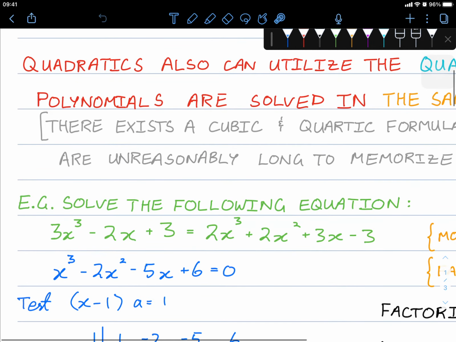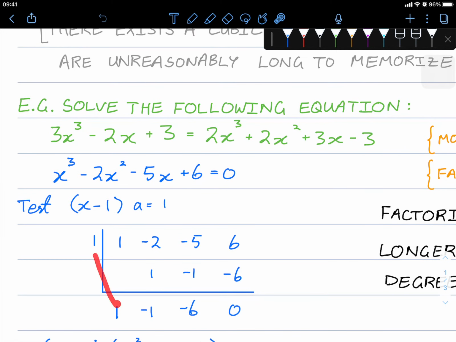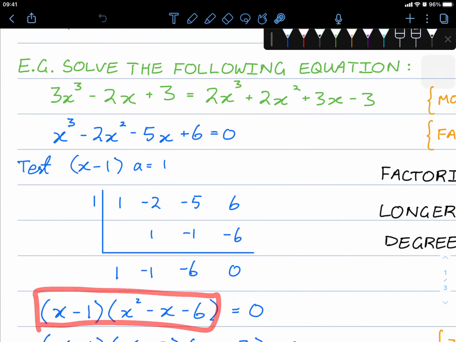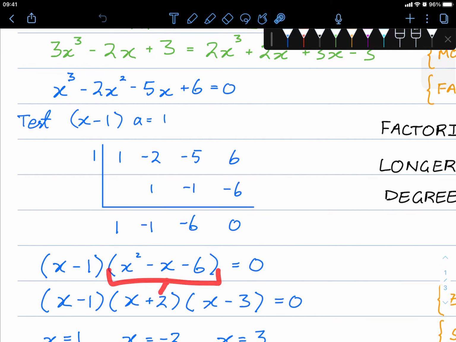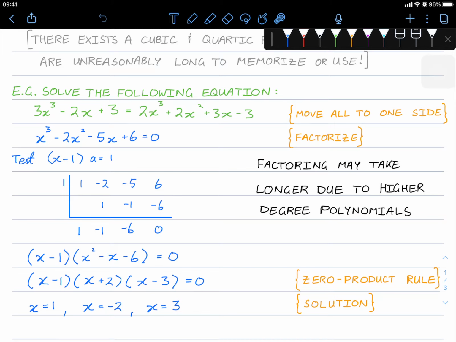So meaning we would do a long division, ignoring 1, multiplying, adding, multiplying, adding, until we get this factorization. Then from here we would factor one more time, factoring this into 2 and negative 3, and we would get 3 solutions. Now factoring may take longer with higher degree polynomials, but as we've seen in previous videos, it's the same method repeated again and again.